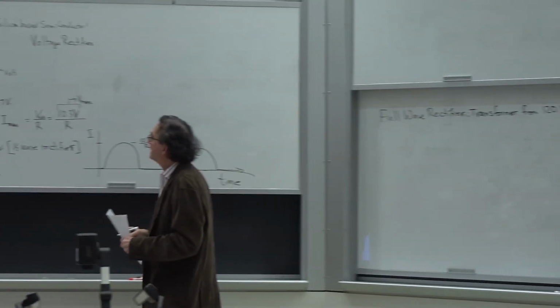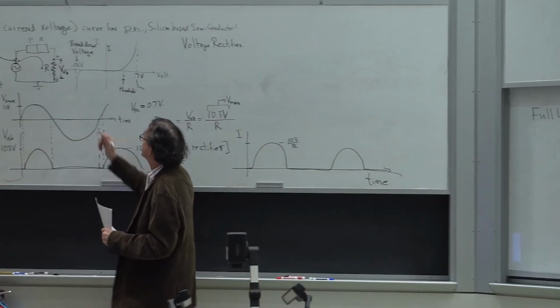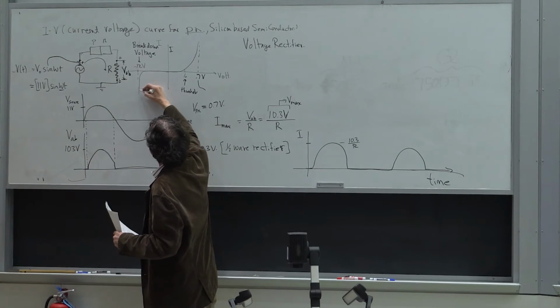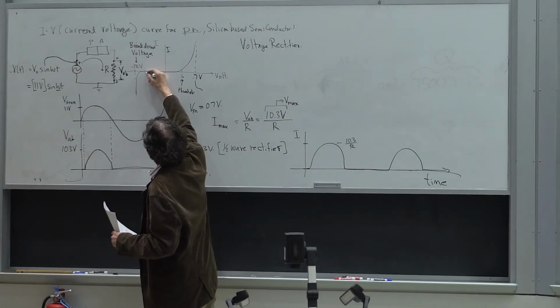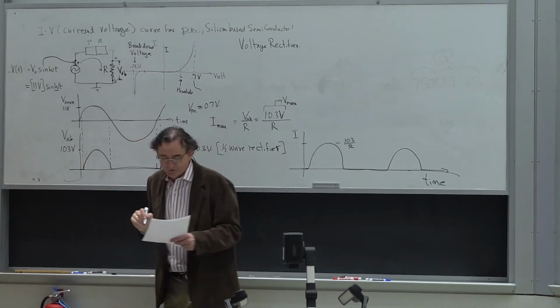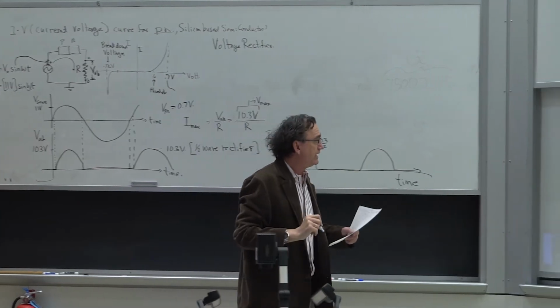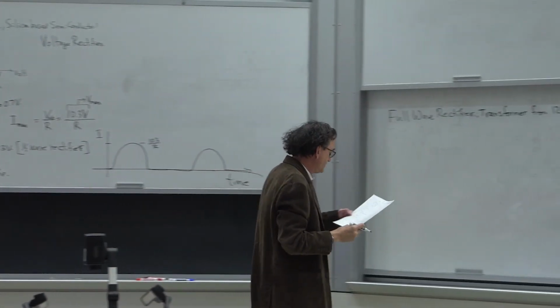I stayed at 11 just because our previous example shows breakdown at 12, so we start a little short of that when we talk about the AC.